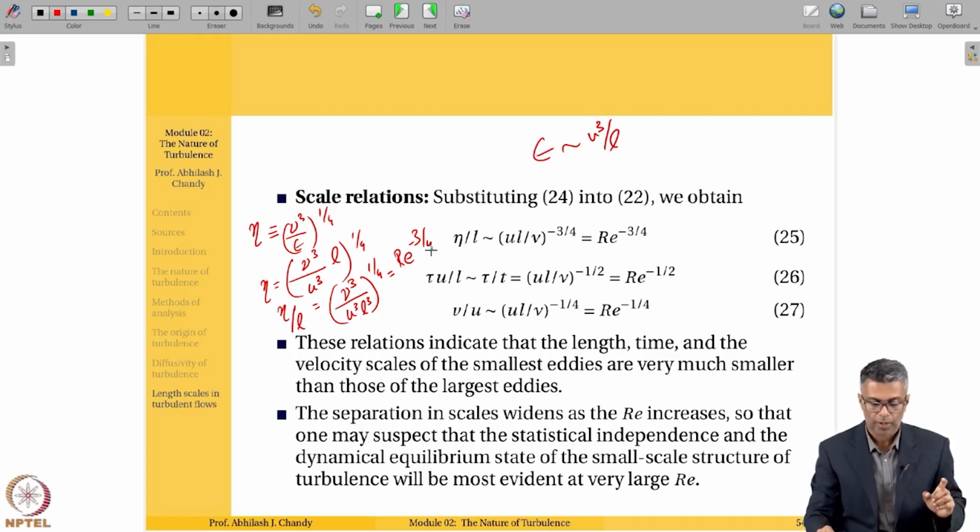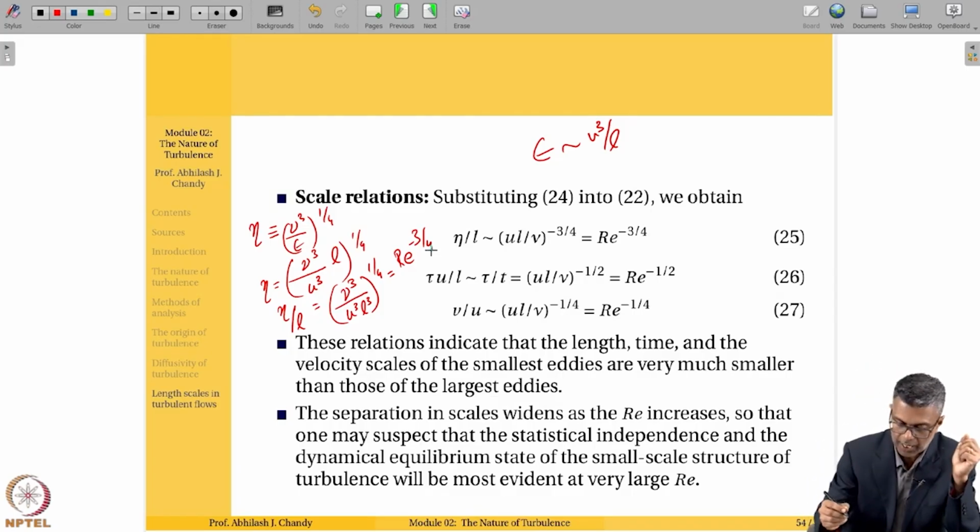Let me do one more. If I think about what tau is, by definition, according to Kolmogorov, tau is (nu over epsilon) to the half. Now I substitute epsilon, so it is (nu over u cubed over L) to the half.